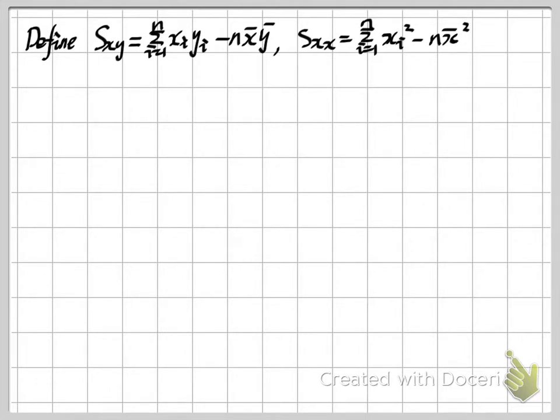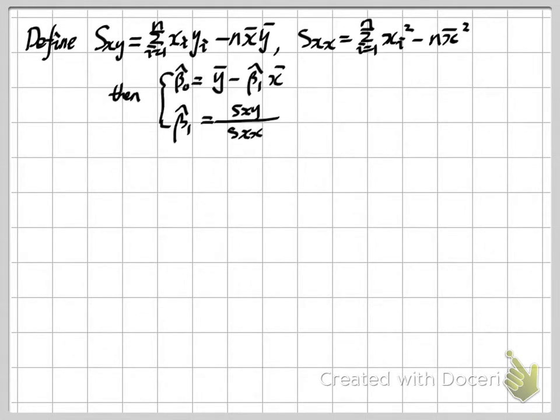So we can rewrite our formula like this. Now this equation looks much simpler than before. Okay, so this is the formula for how we decide the values of our beta 0 and beta 1 to construct an empirical model based on our data.